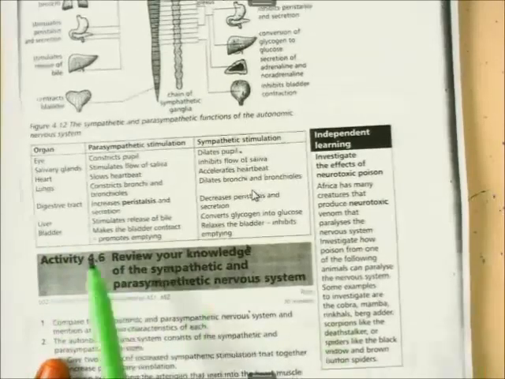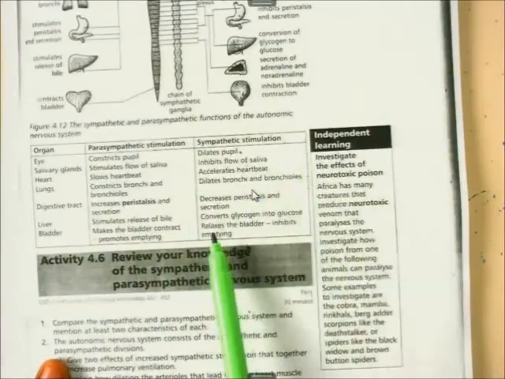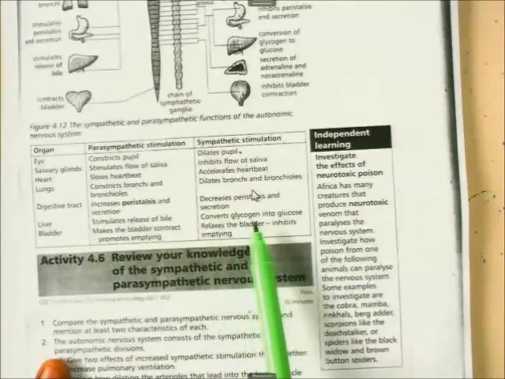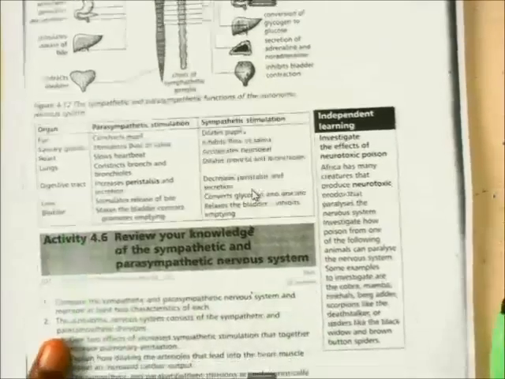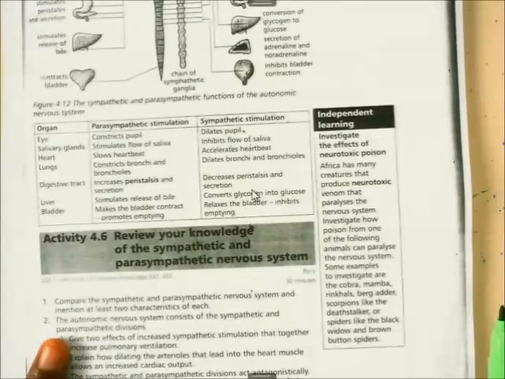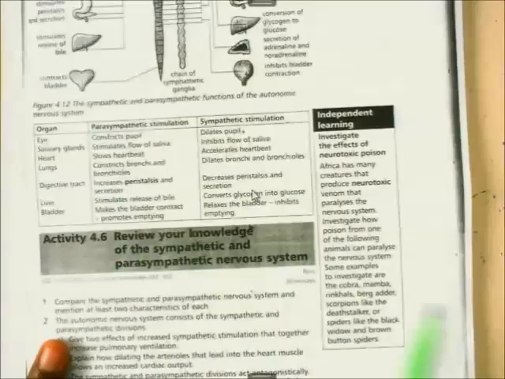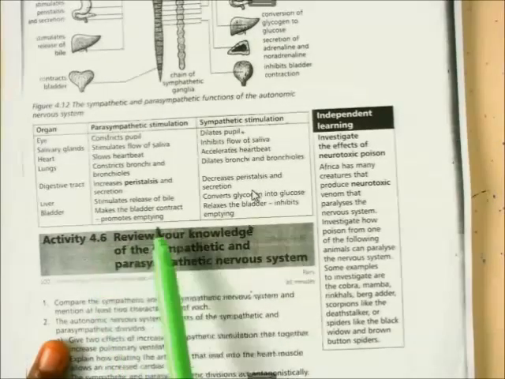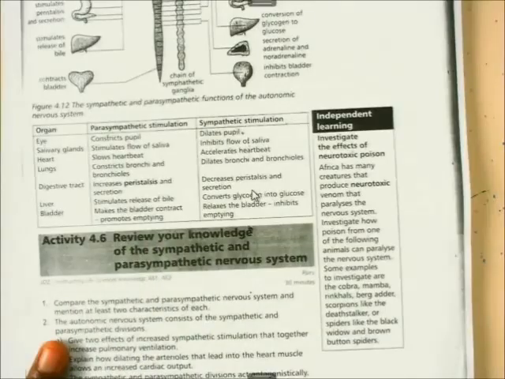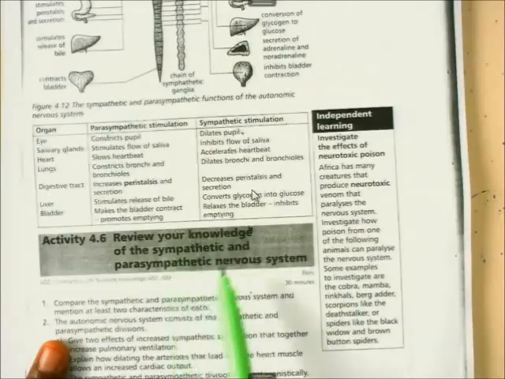Here it stimulates the release of bile, and then the sympathetic stimulation will cause the conversion of glycogen into glucose. And then from there we have the bladder. The parasympathetic stimulation will make the bladder contract, promoting emptying of urine, whereas the sympathetic stimulation will cause your bladder to relax.